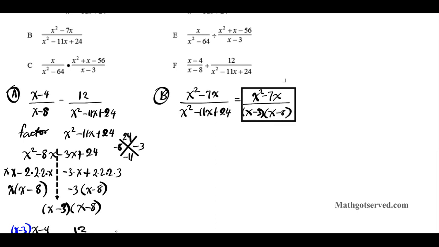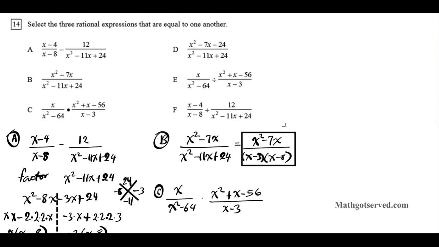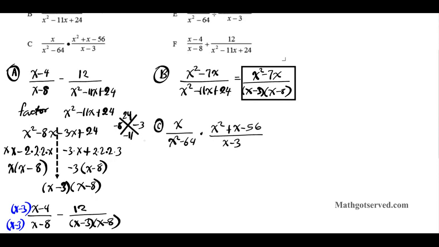And then for option letter C, we have x over x squared minus 64 times x squared plus x minus 56 over x minus 3. Alright, so what we're going to do, let's factor this one here first.